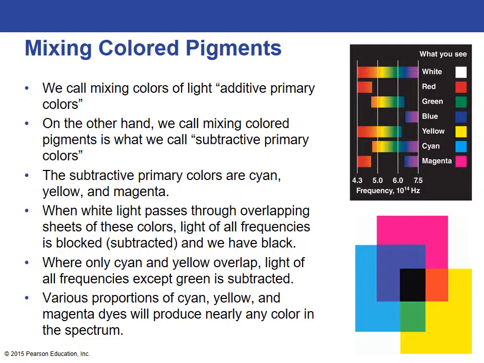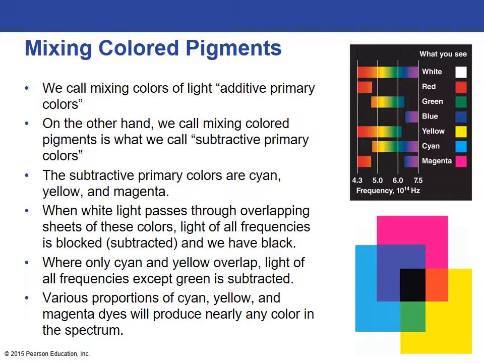And so, as you typically would think of, when you mix all the colors, you get black or something very dark. When you mix red and blue, you get purple. When you mix blue and yellow, you get green, and so forth. So this is mixing colored pigments again, which we call subtractive primary colors. So for example, when white light passes through overlapping sheets of all of these colors, all of the frequencies of light have been subtracted and we get the color black.